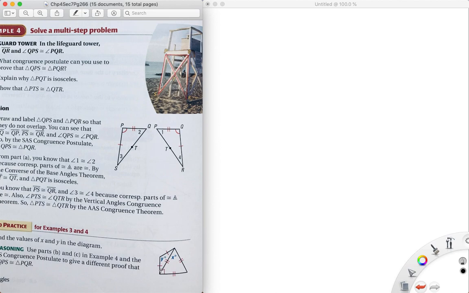I see here that this is 90. I know that this is 60 because all three angles are 60. I subtract 60 from 90 to get 30. Since these are base angles, because they're opposite the congruent sides, this is 30 and this is 30. Together that's 60, and 180 minus 60 is 120. So y is 120.